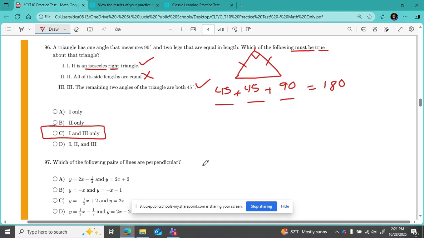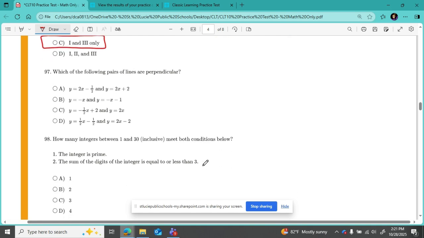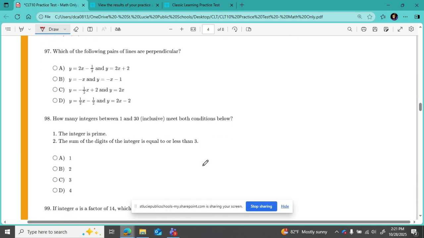Number 97. Which of the following pairs of lines are perpendicular? Perpendicular lines will have slopes that are opposite reciprocals.